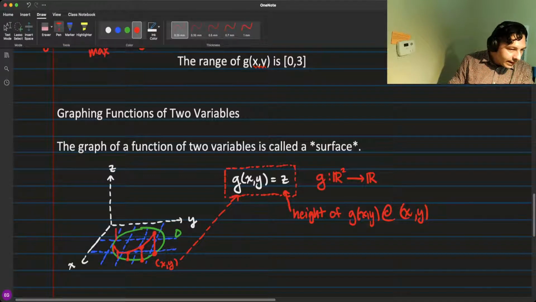And maybe as you go around, it gets bigger again. And it even gets bigger over here. And maybe it even gets bigger over here. And maybe it ends up looking something like this. Just making it up.